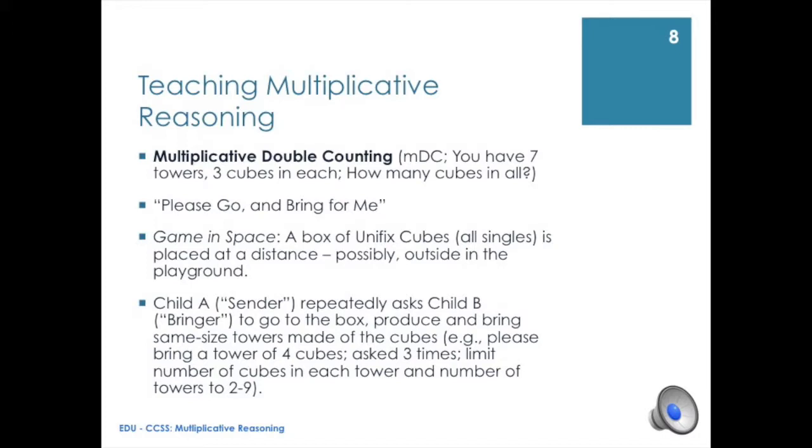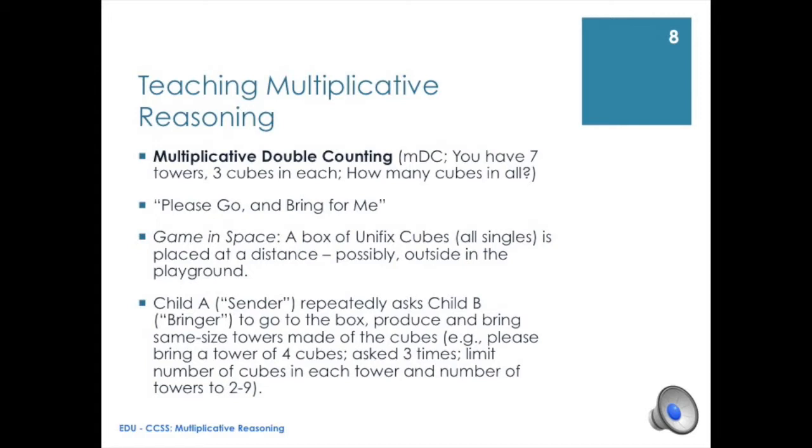So let's talk quickly about a situation where we have 3 types of units that can be coordinated in this way. So suppose that you are making towers out of unifix cubes. Unifix cubes, if you're not familiar, are colorful interlocking cubes that can only be combined in one way.